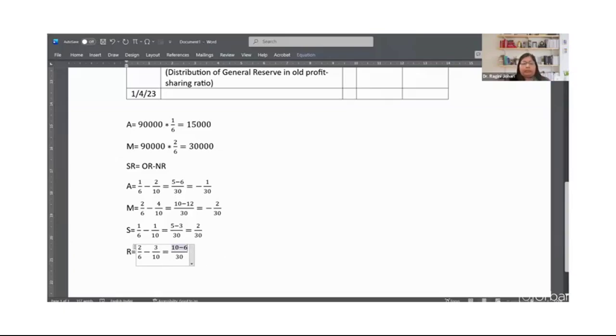Sorry, 3 3s are 9. Okay, so again, this is positive. This means this is again a sacrifice.